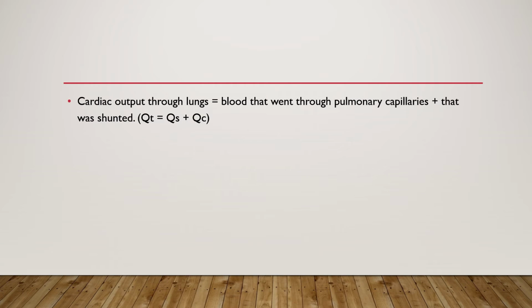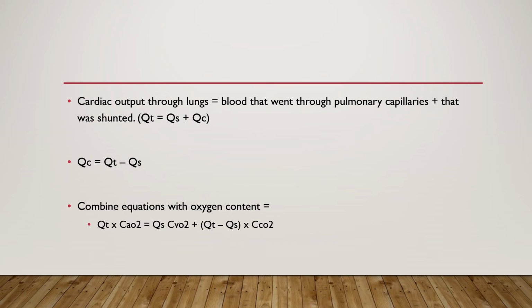The total cardiac output through the lungs is equal to the amount of blood that goes through the pulmonary capillaries added to the amount of blood that goes through the shunted areas of the lung, and this is represented by the equation below. So QT total equals flow shunted plus flow through capillaries. If we rearrange the equation to make the capillary blood flow the subject of the equation, we get the following equation, and then if we combine this equation back into the oxygen content equation, we get the following equation.